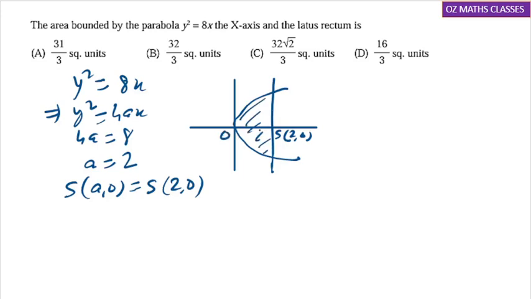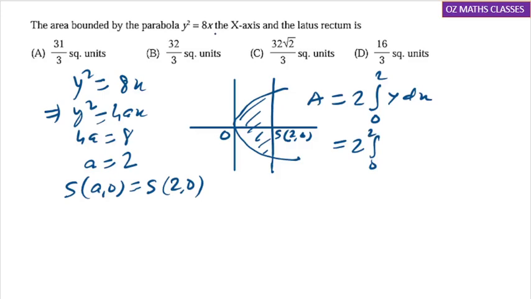So instead of finding the total area, you find the half area and double it. So the required area will be 2 times the integral from 0 to 2. Here the x coordinate is moving from 0 to 2, and y dx.